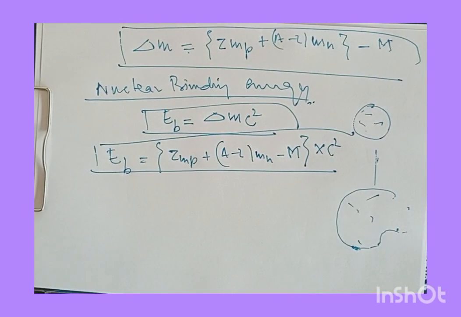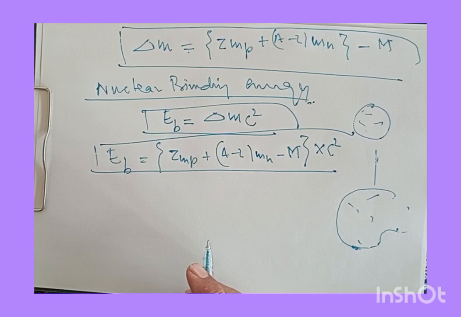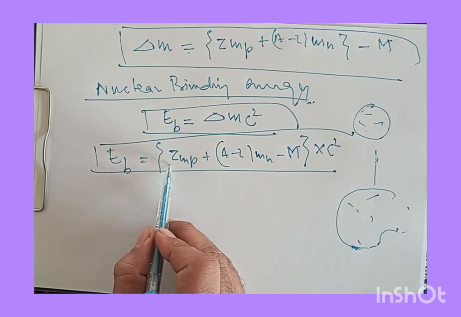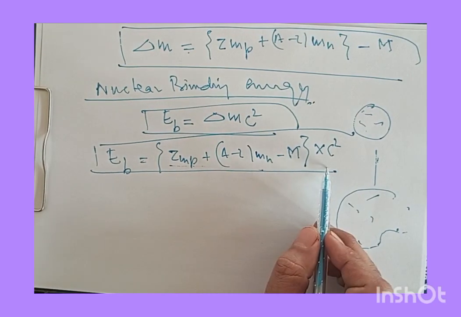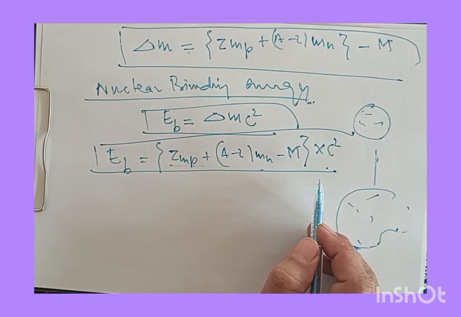We can express this binding energy in terms of joules, and then we can have this binding energy in terms of electron volts. Now this is my mass defect, and this is the speed of light, and this is giving me the measure of the binding energy.